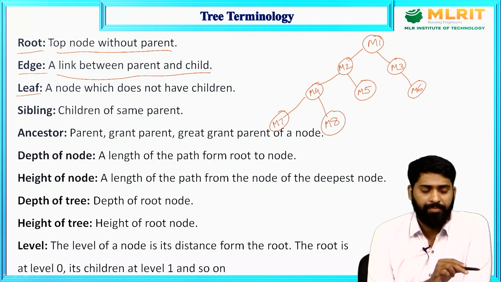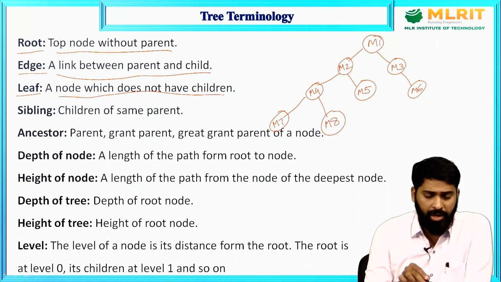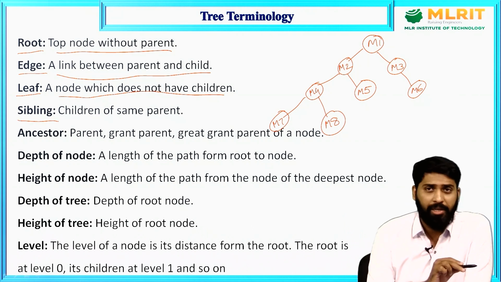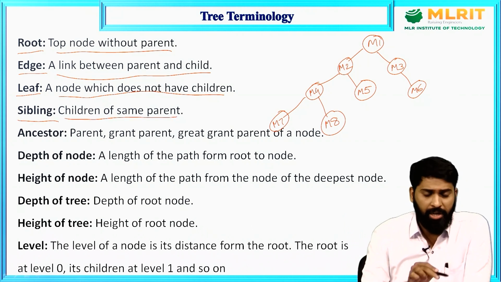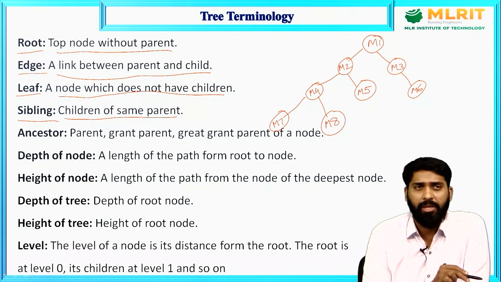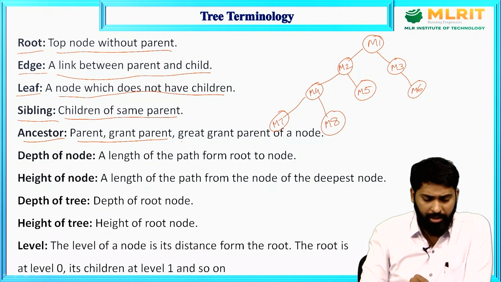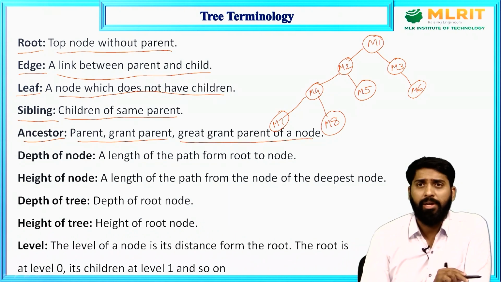Leaf node. A node which does not have children we call as leaf node. Sibling. Children of the same parent we call as siblings. Ancestor. Parent, grandparent, great grandparent of a node we call as ancestor.